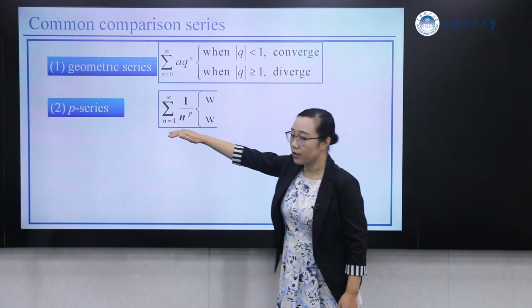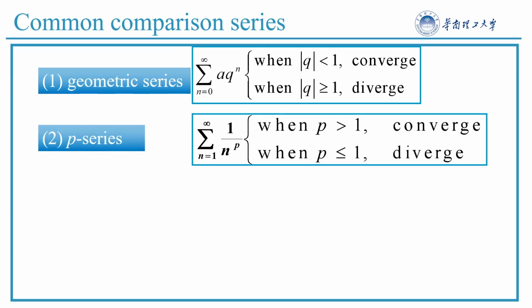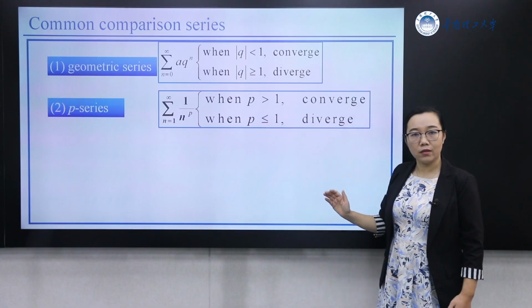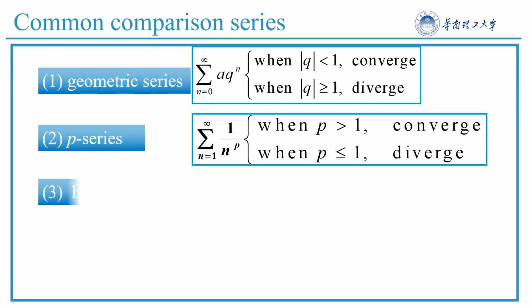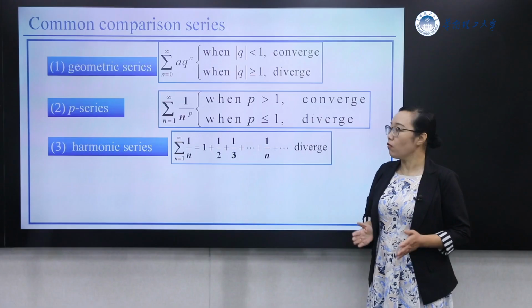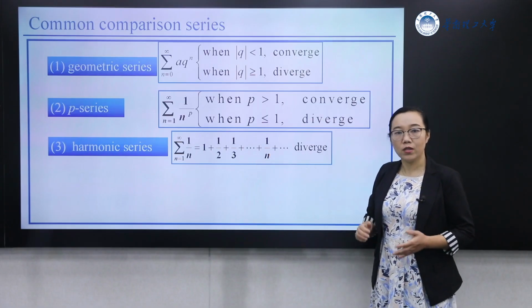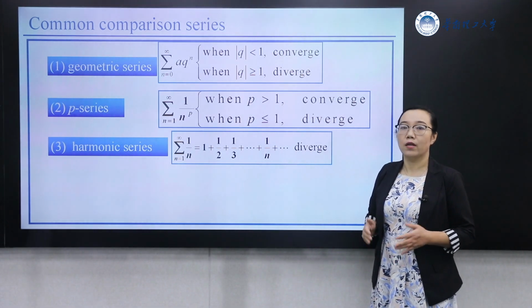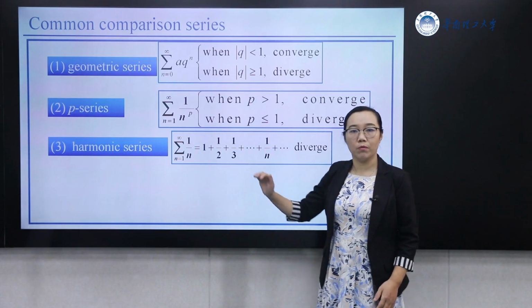The second is the p-series. If p is greater than 1, it is convergent. Otherwise, it is divergent. The third is the harmonic series. The summation of 1 over n is divergent, which is critical in the application of the comparative theorem.